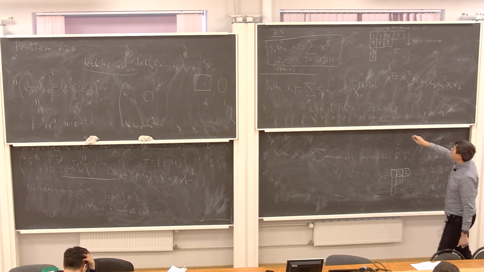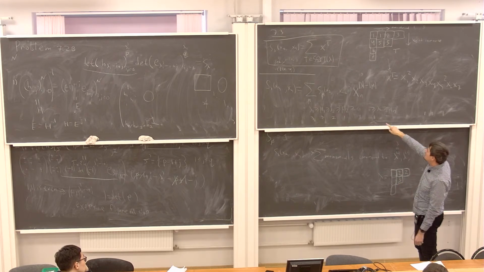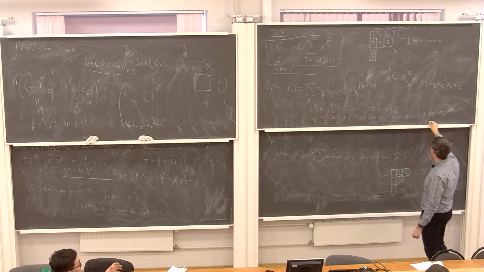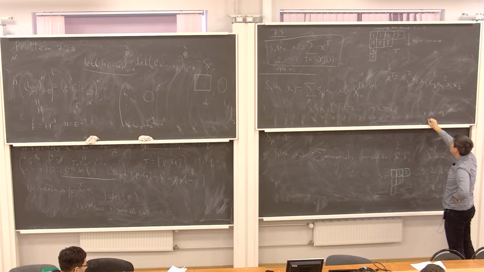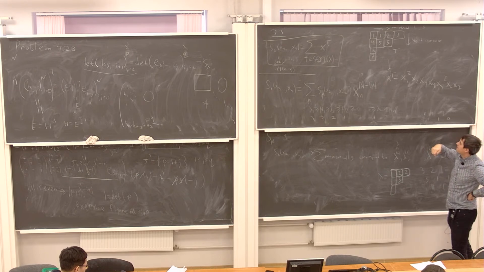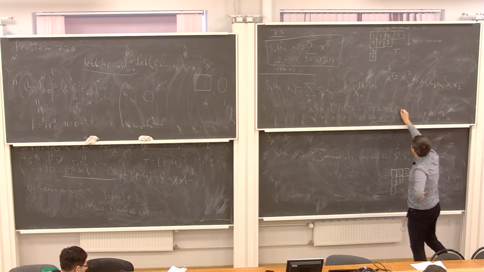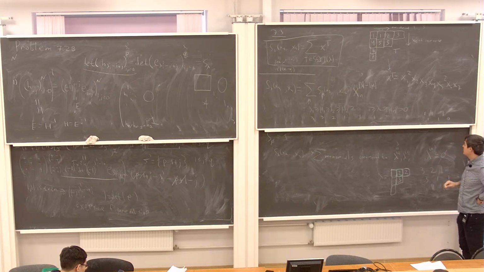Probably I should say carefully here: if you have 1, 1, 1, in principle you could put something like 1, 1, 0, but it corresponds to fewer variables. So it should be greater than 0.